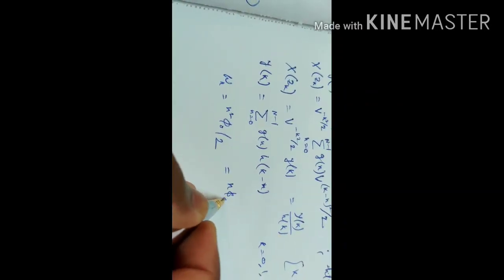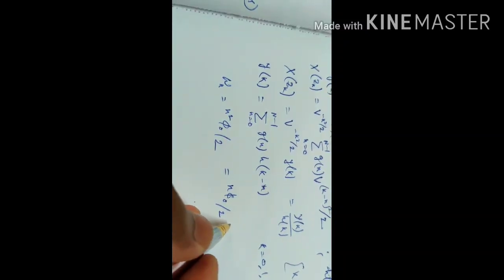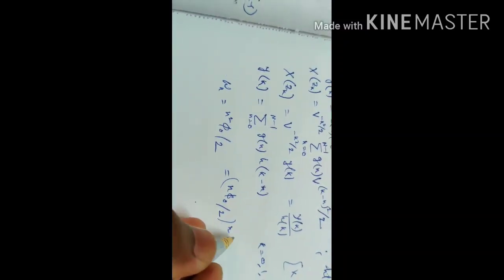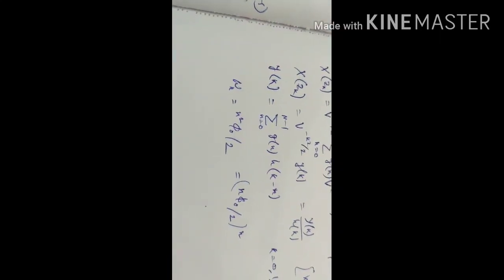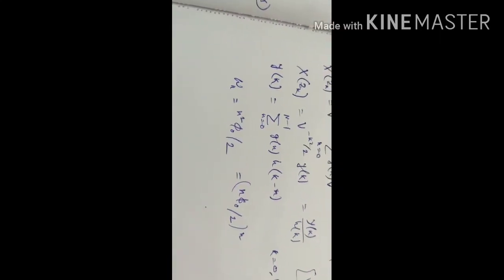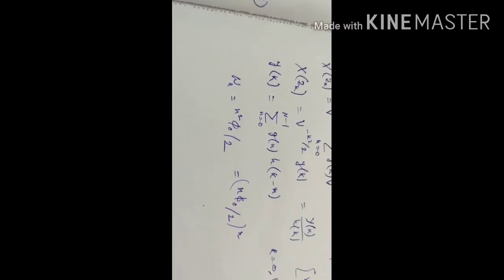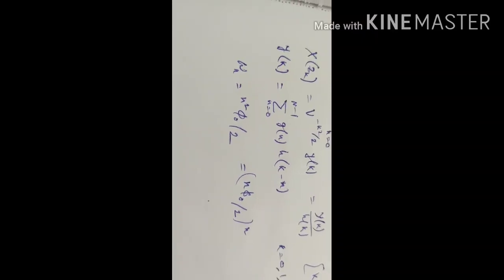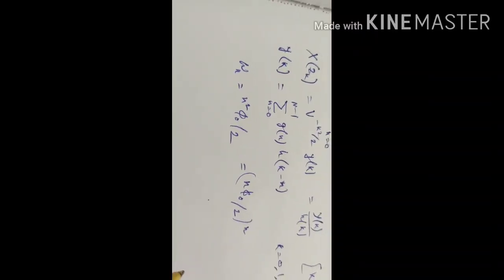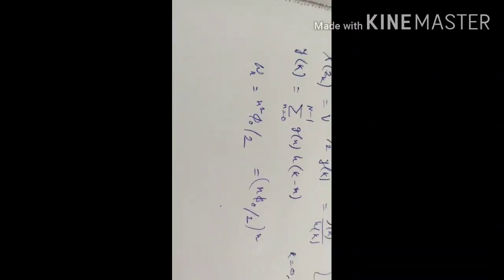The quantity n phi 0 by 2 represents the frequency of the complex exponential signal, which increases linearly with time.